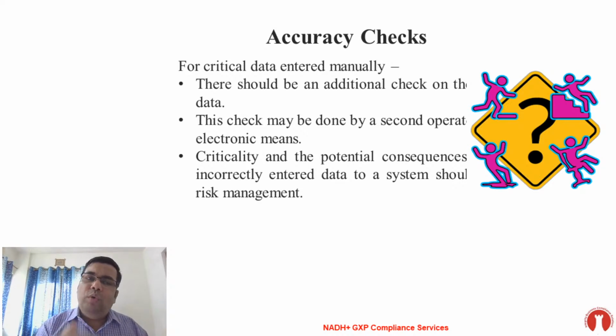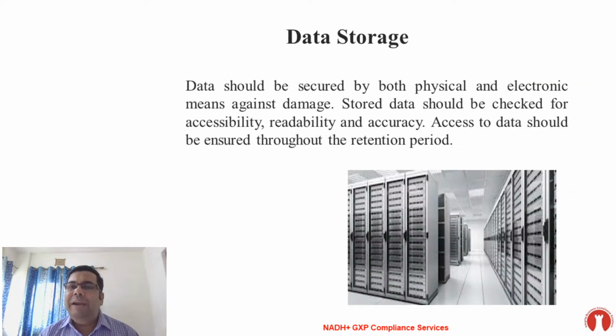Hence, you have to ensure that when there are manual entries or manual interventions, there should be an additional check by the operator, or if not possible, then it should be an automated check. That means if this activity is done manually, then unless and until it is perfect, only then will it go further.